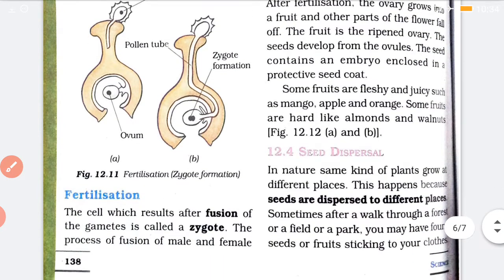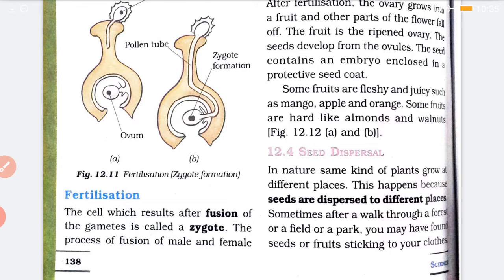Now, when the seeds are produced inside the fruit, and we know that seeds give rise to a new plant, so the seeds have to be carried to different places for further development into a new plant.